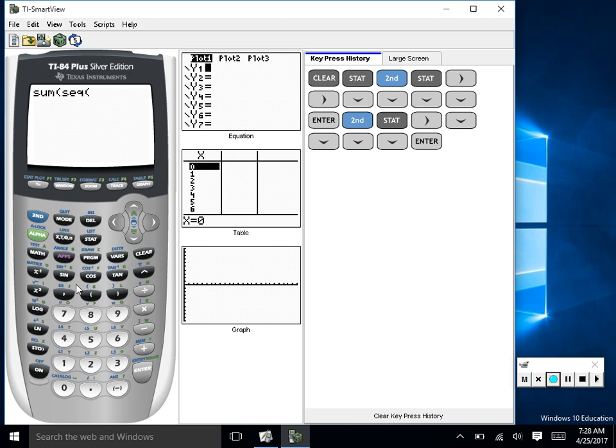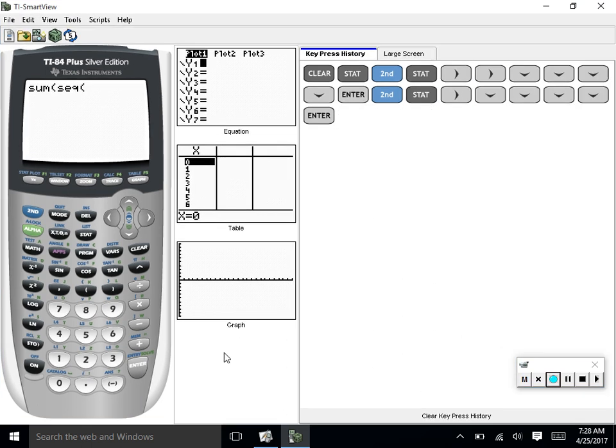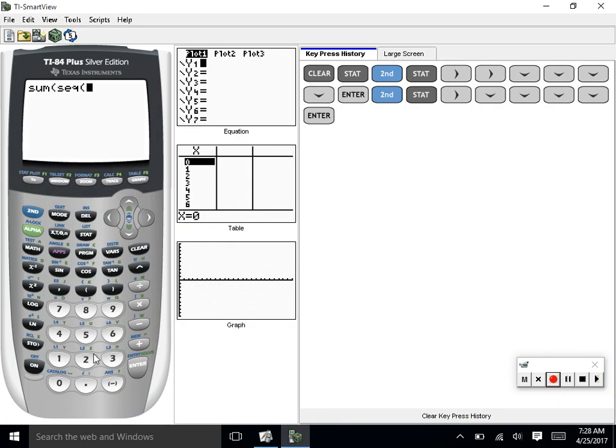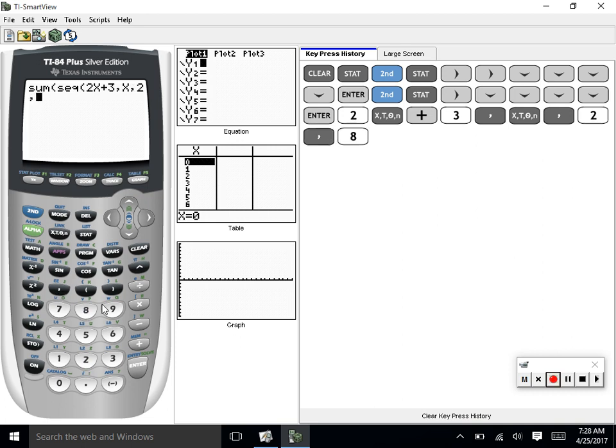And then you type in the equation. So let's say we were doing the first one: 2x plus 3, comma, variable x, comma, lower limit, which was 2, comma, upper limit, which is 8, close your parenthesis, hit enter, and it was 91.